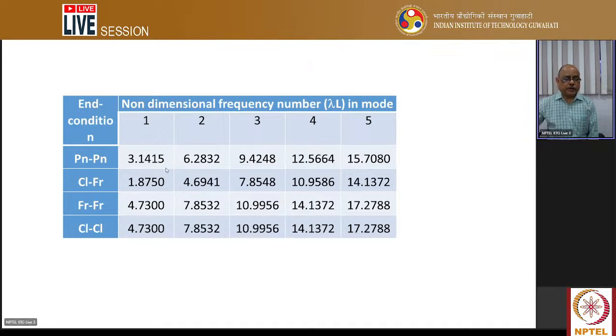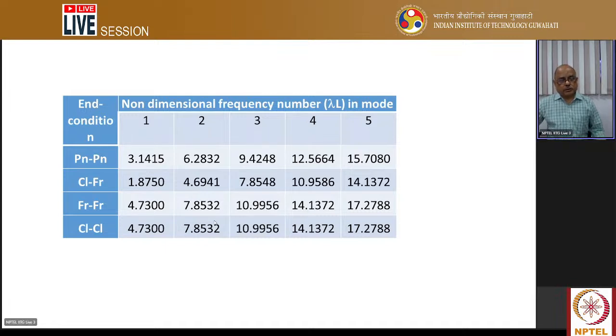These are very common: for the simply supported beam lambda L is 3.1415, and for the clamp-free cantilever, with one end clamped and the other free, the frequency parameter is 1.875. In my slide, as well as in many textbooks prescribed in the course syllabus, you will get the frequency roots.